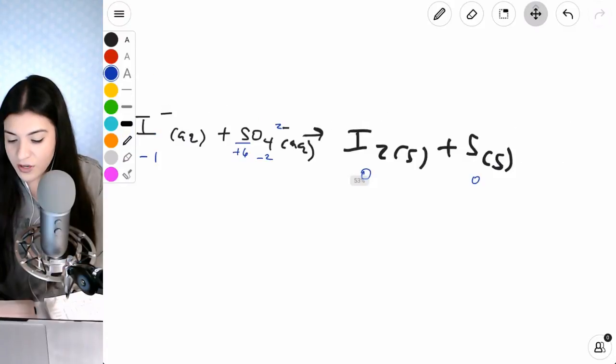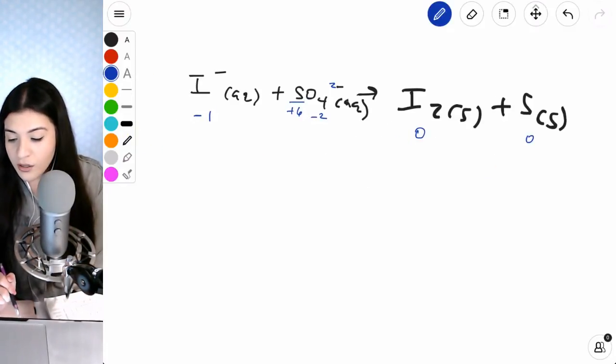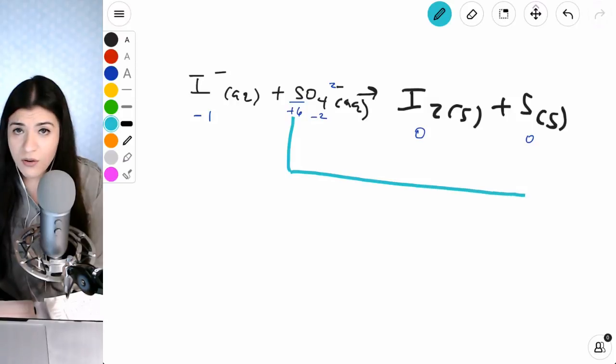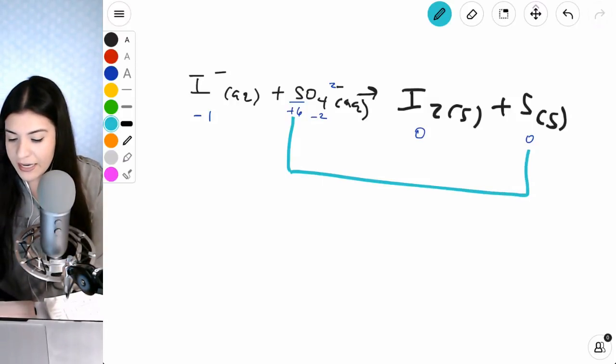Now what we want to do is figure out what's being oxidized, what's being reduced, and go from there. So we're going to look at the oxidation numbers, and I'm going to start off with sulfur. Looking at sulfur, what happened here is it went from a +6 to 0. So that reduced its oxidation state, meaning this is reduction.